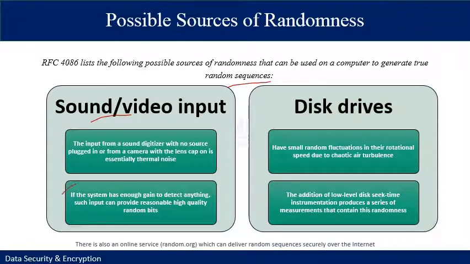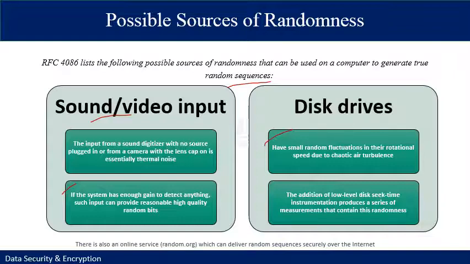If the system has enough gain to detect anything, such input can provide reasonably high quality random bits. Or you can use hard disk drives or other disk drives, which have small random fluctuations in their rotational speed due to air turbulence.